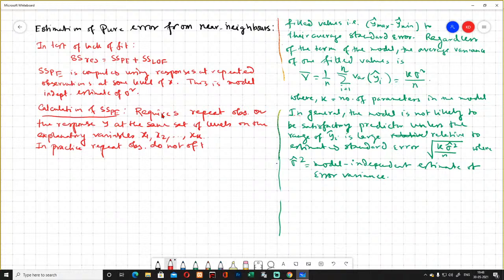In practice, repeat observations do not often occur in multiple regression, and the procedure of lack of fit is not often useful.